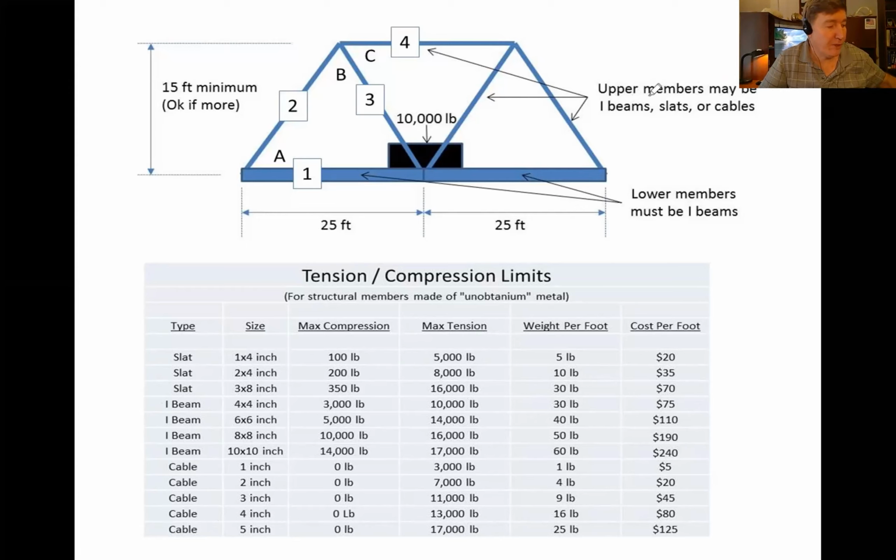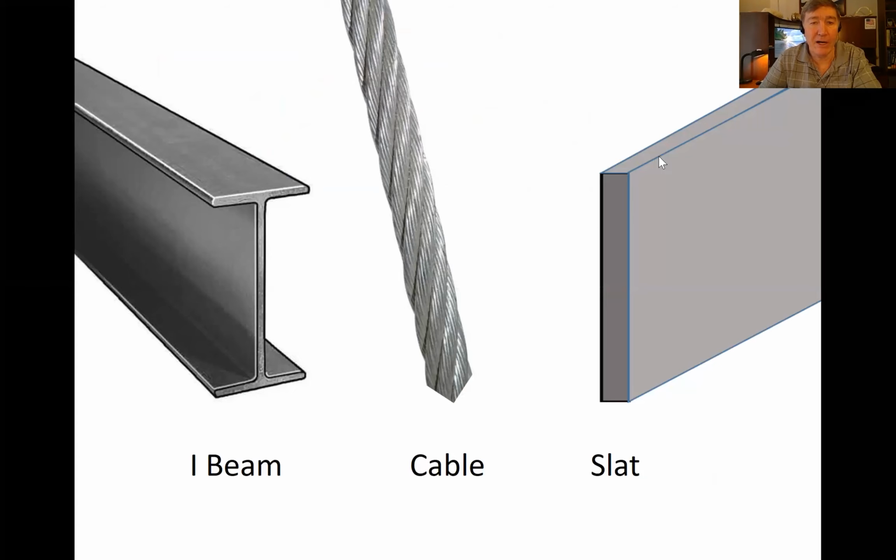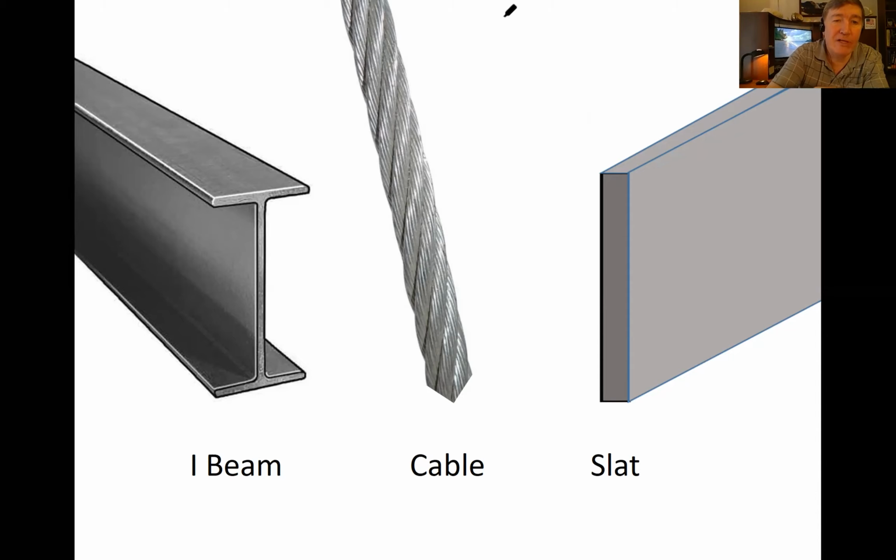Okay, so hopefully you remember when you read the book that there are different shapes that bridge members can be made out of. What you see on the left here is called an I-beam for an obvious reason.